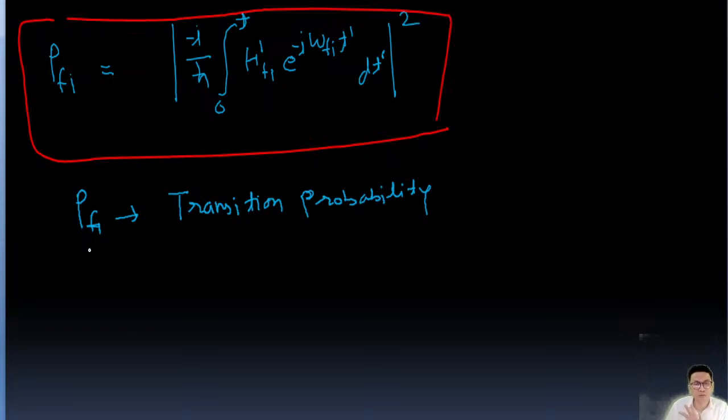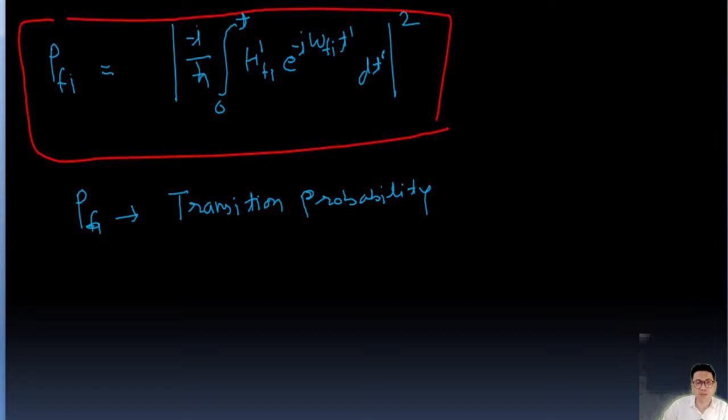Constant perturbation means that it does not depend on time. Then we are going to find what the transition probability will be. This is the transition probability, a very important formula you need to note down.